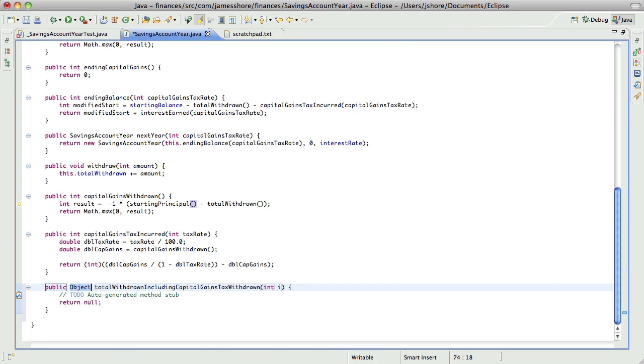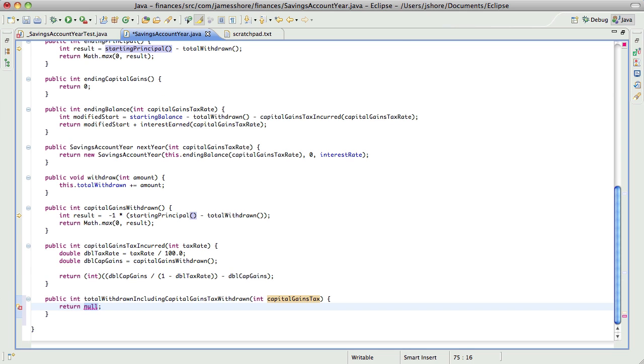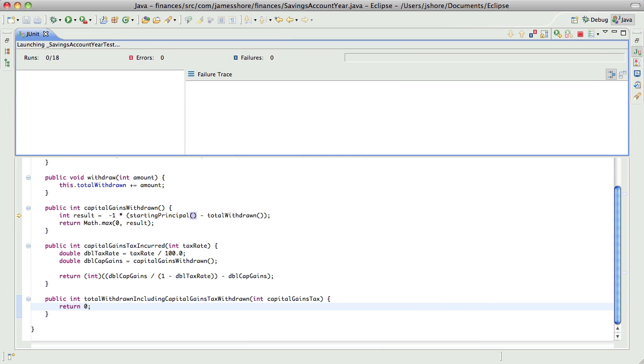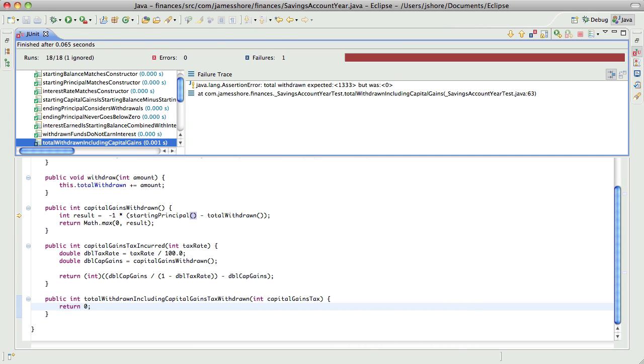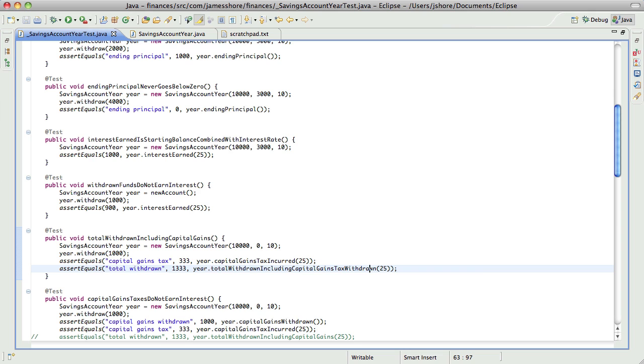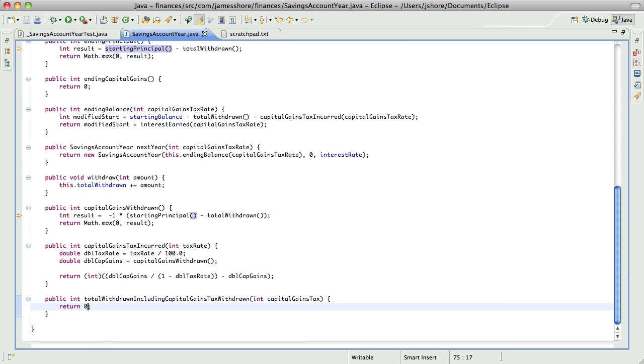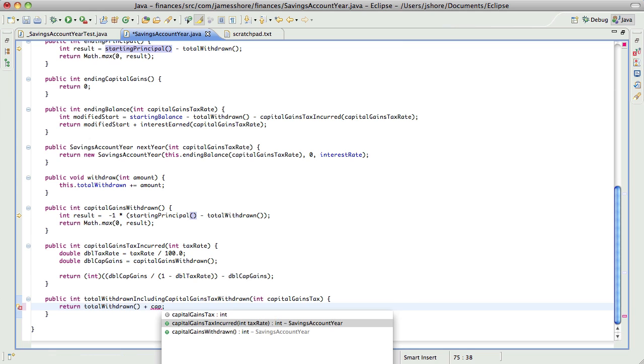Create that method. We're going to rename this, by the way. This is going to be capital gains tax. That failed. This is simply total withdrawn plus capital gains tax incurred.